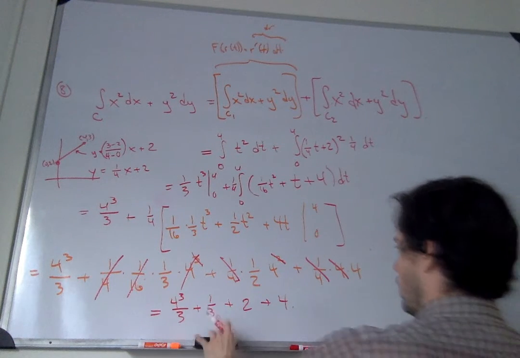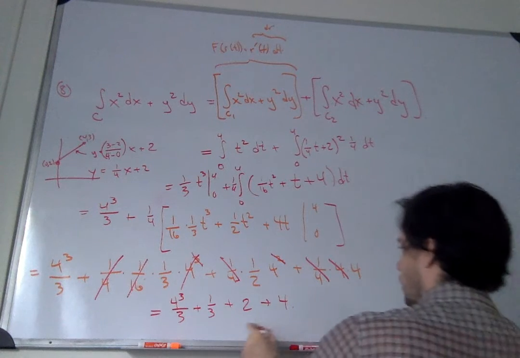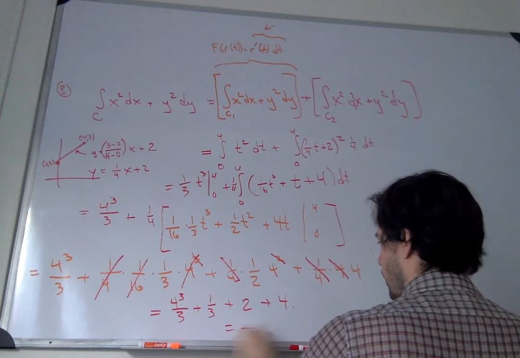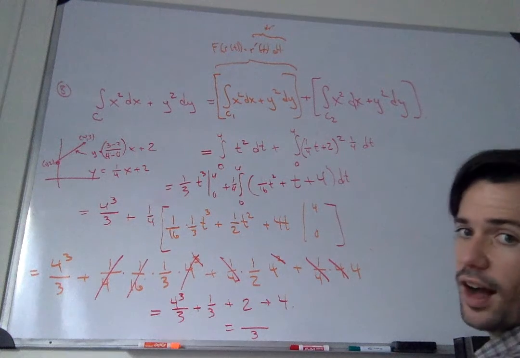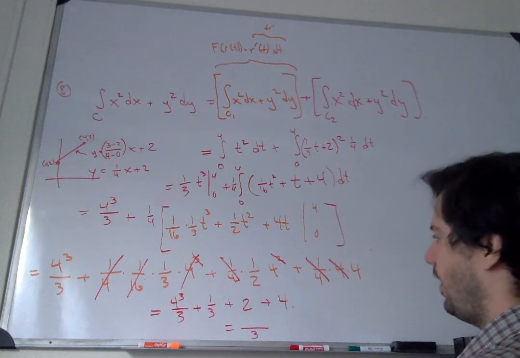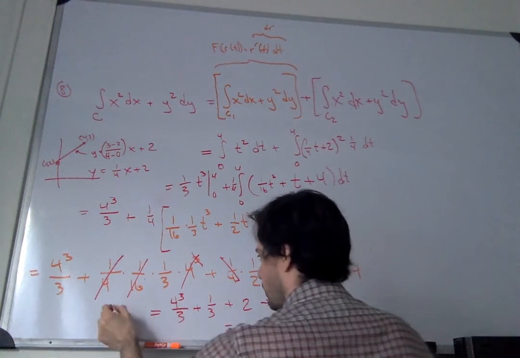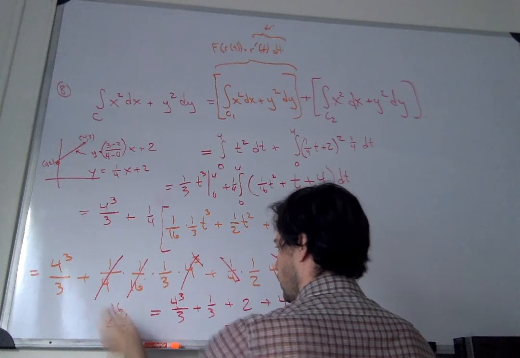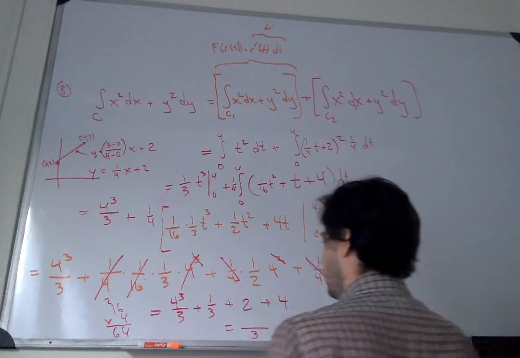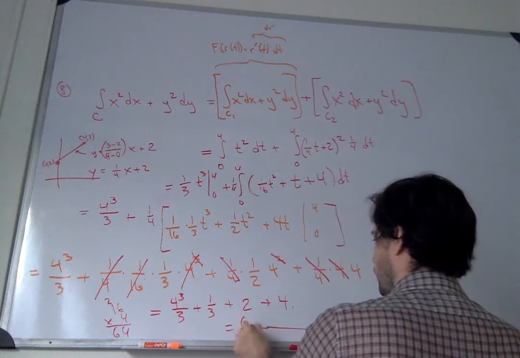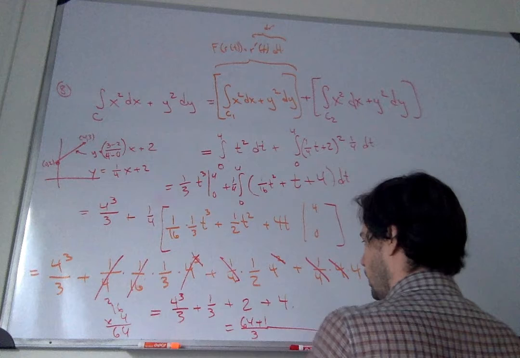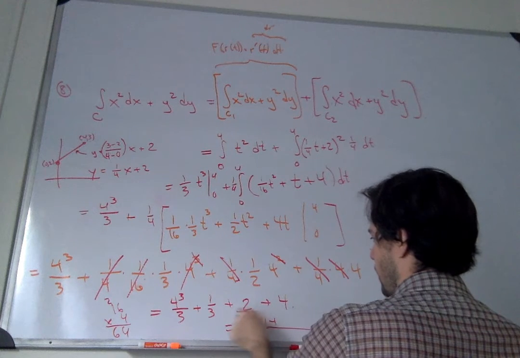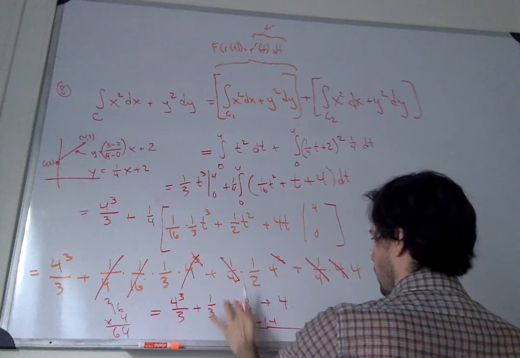Okay. And if I make 3 the common divisor, I have 4 times 4 is 16 times 4. This is what? 64. Okay? So 64 plus 1 plus, okay, that's a 3 and that's a 3, like that, right?